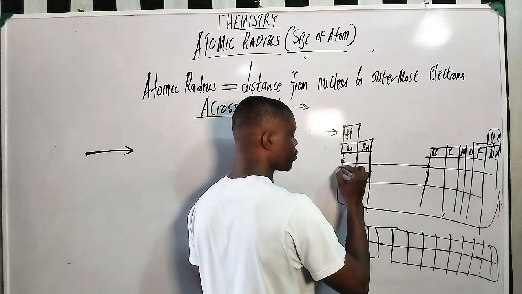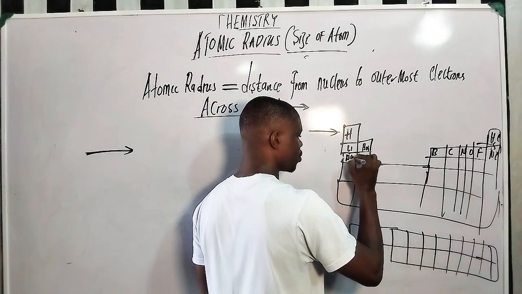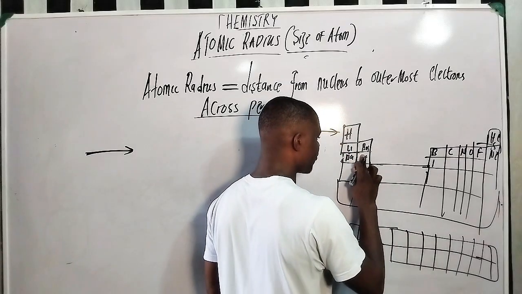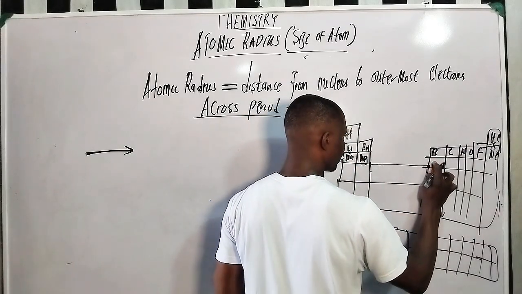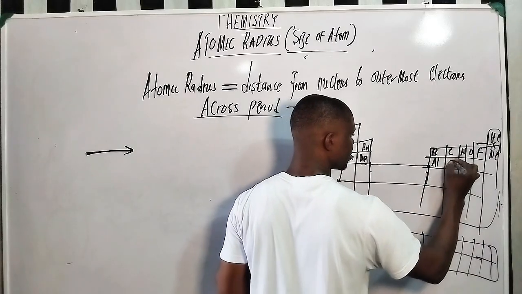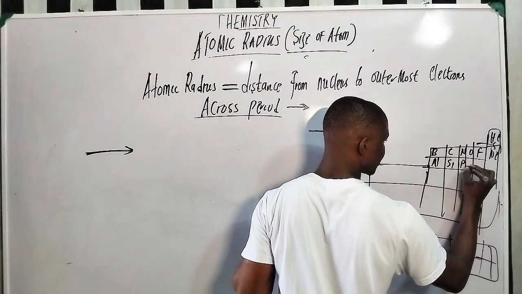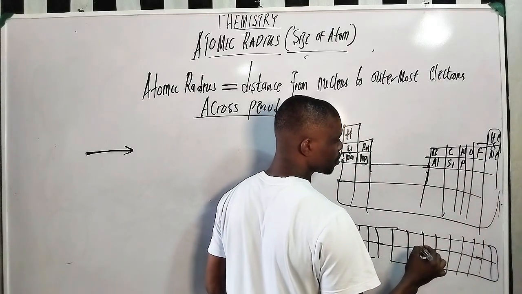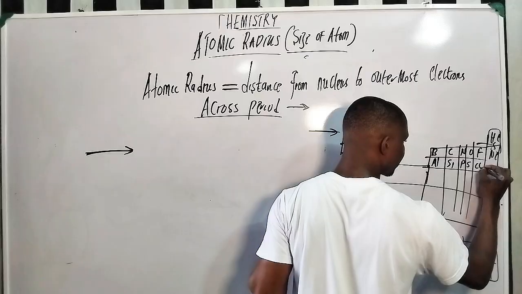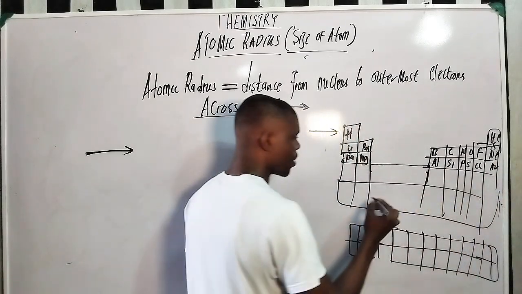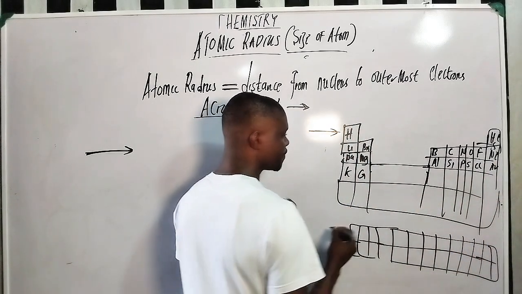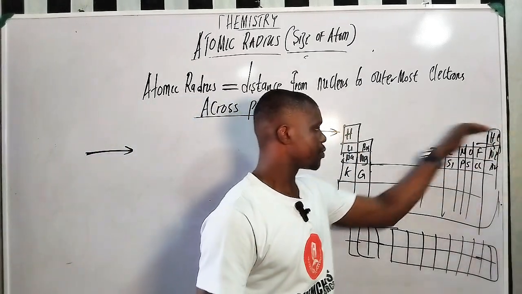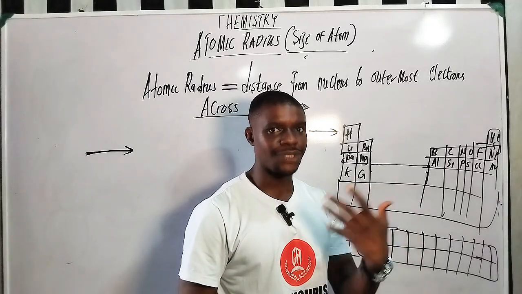Here we have sodium, magnesium, aluminium, silicon, phosphorus, sulfur, chlorine, argon, potassium, calcium. Now, this is the periodic table. So elements in the same period have the same energy level or the same shell.